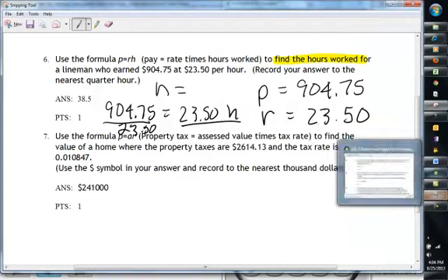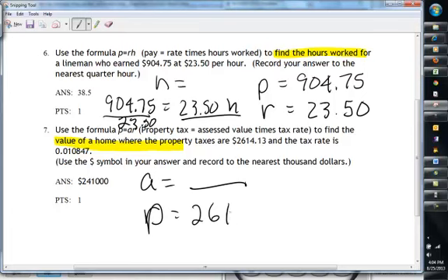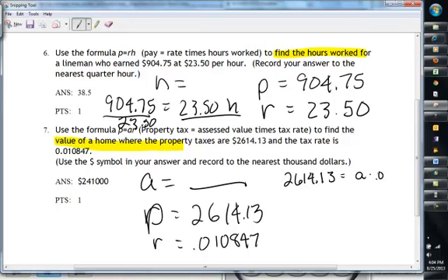Next one. Property tax is assessed value times tax rate. To find the value of a home, we are looking for A, where the property tax P is 2614.13 and the tax rate is 0.010847. So 2614.13 is A times 0.010847.